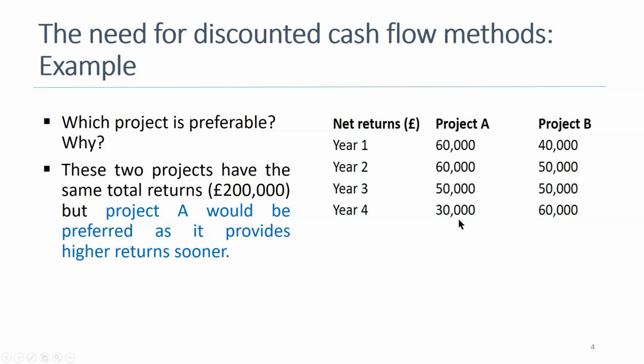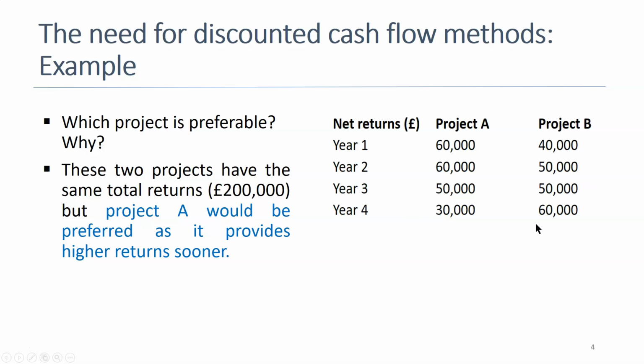Based on what criteria? We need to be able to compare various investment opportunities based on their net values in today's terms, and discounted cash flow methods allow for this. These methods discount all future cash flows of a proposed investment and bring them all to today's terms.